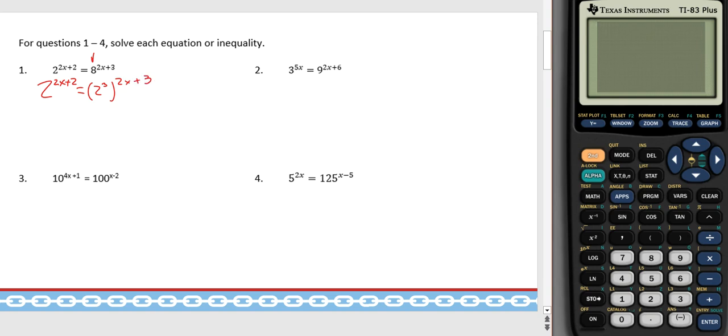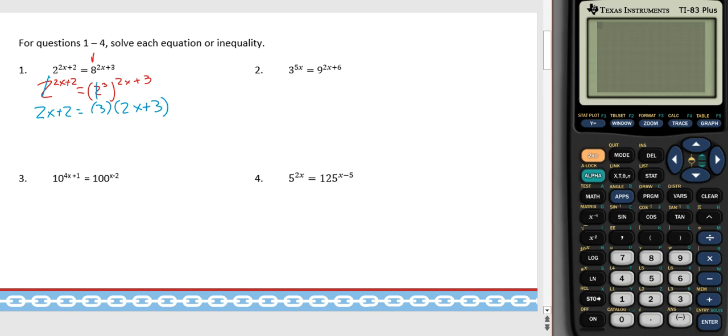Now that I have a common base, I can basically cancel out this part of the equation. And then I am going to be left with 2x plus 2 on the left side. And over on the right side, I'm going to be left with 3 times 2x plus 3.